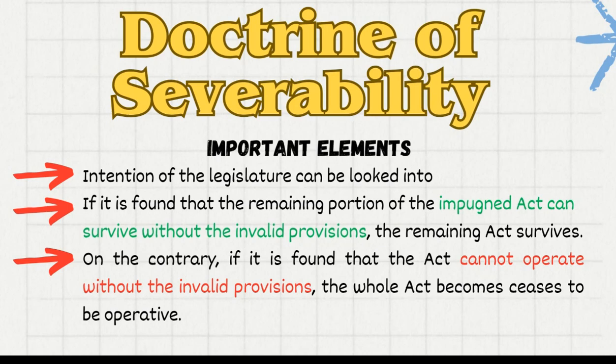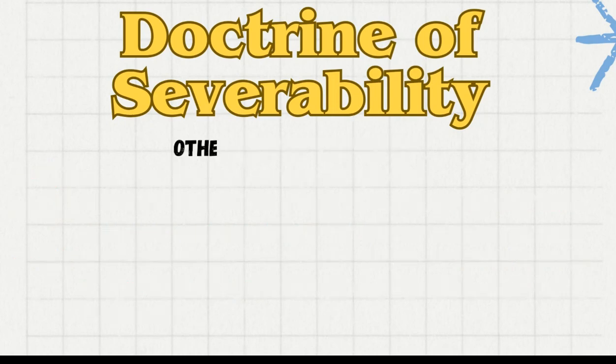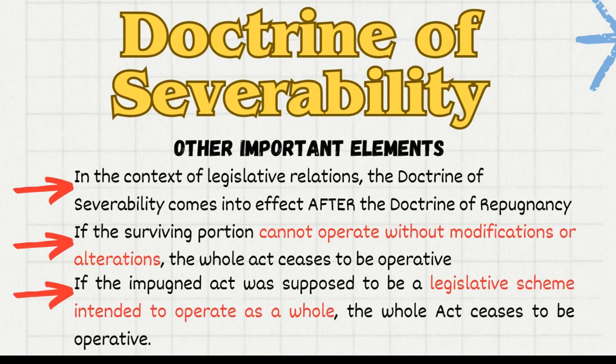Next, if it is found that the remaining portion of an act can survive after the unconstitutional provisions have been removed or severed, the act survives. On the contrary, if it is found that the act cannot operate without the impugned provisions, the whole act fails and nothing survives. Let us understand some more important points concerning the doctrine of severability.